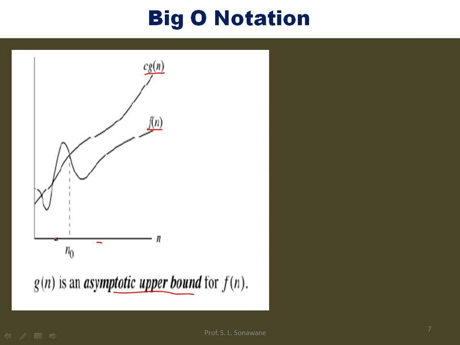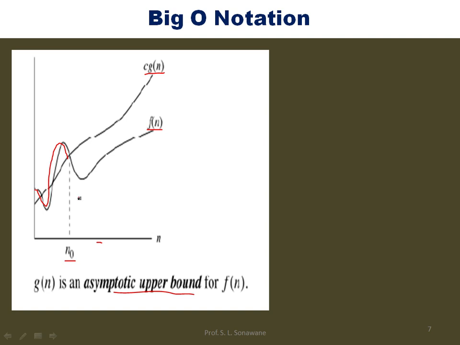Before this, we will see one more thing that is given, that is n0. After n0, the function f of n is less than or equal to c into g of n. Before n0, the value of the function f of n is fluctuating.